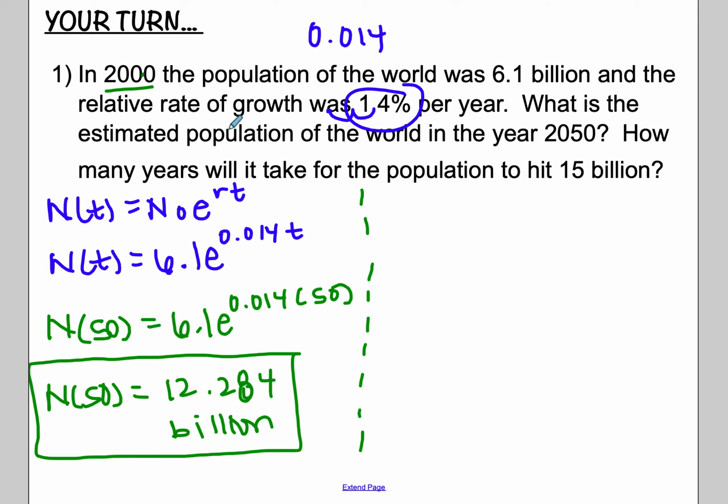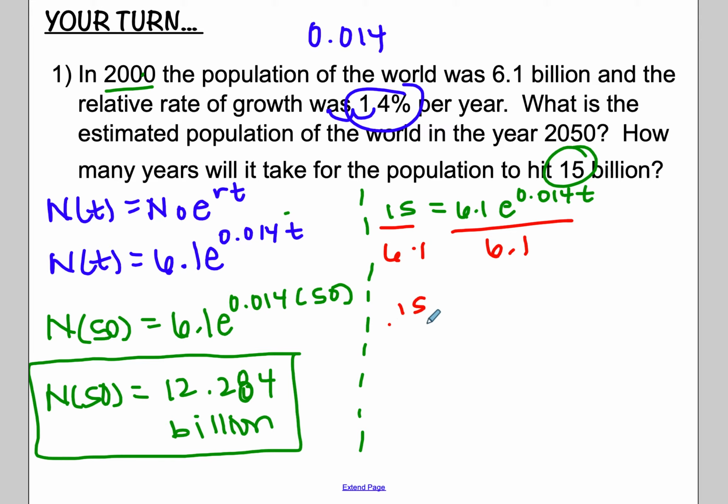All right, now how many years will it take for the population to reach 15 billion? So now I'm going to take my original equation right here, and I'm going to say, well, when does it equal 15? So I have 15 equals 6.1 e to the 0.014 t. So same thing, in order to be able to get rid of e, I first have to get it by itself, so divide both sides by 6.1.